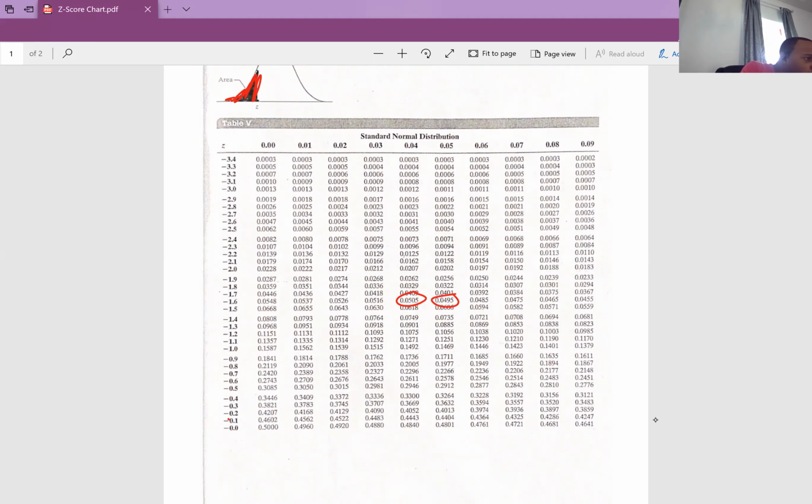Let me see, is this going to be the one that's in between? I got -1.64, -1.65.